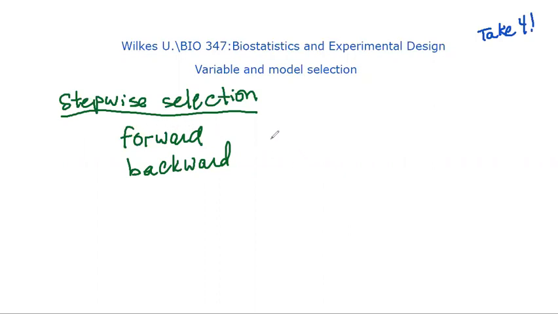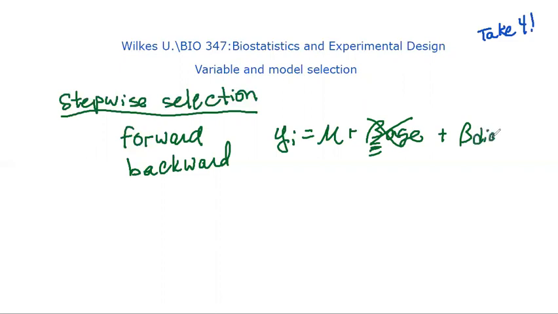What forward selection does is it would look at your response variable, add in the intercept, and just start adding things. So it might add in age, and it will look at this beta age. If this was not statistically significant, it would boot out age and then add another variable, let's say diabetes, and look, is this statistically significant or not?